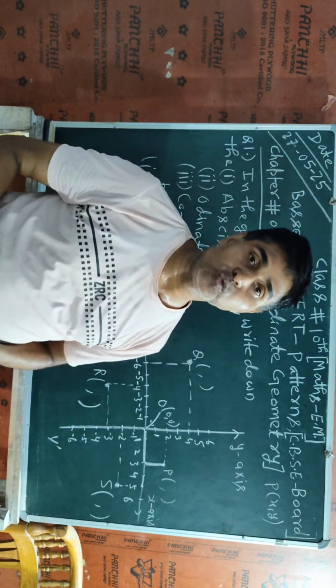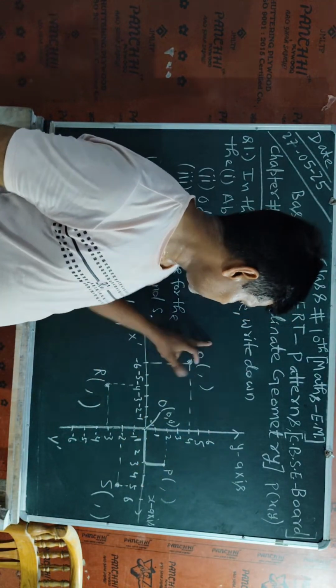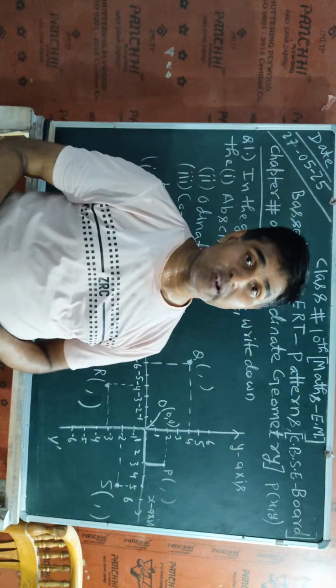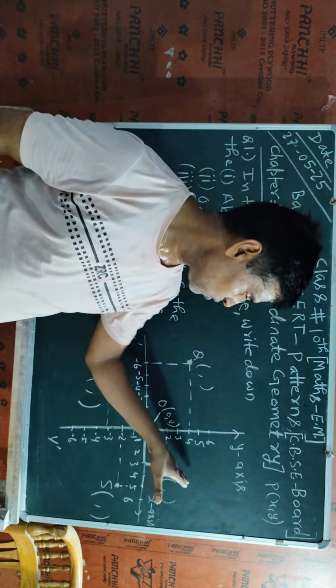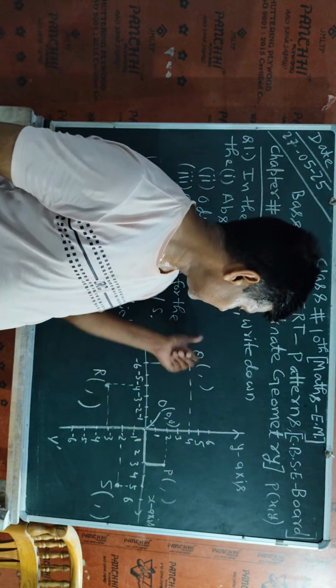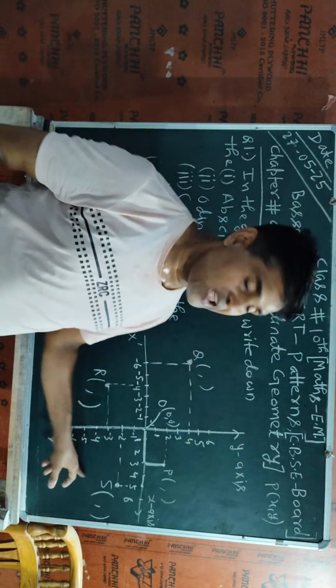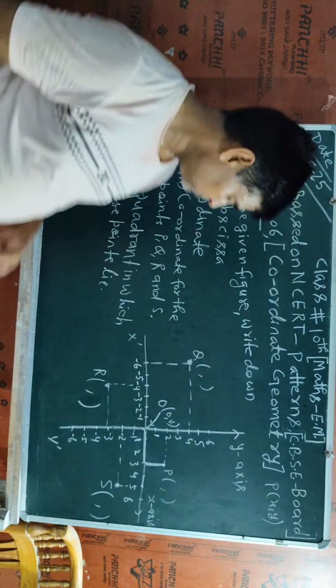So in this way I will write all the information of the points P, Q, R and S. Okay, student. Now I am going to give the solution properly. First of all I will solve the information about the point P, then Q, then R, and finally S. So in this way the solution of this question can be done.